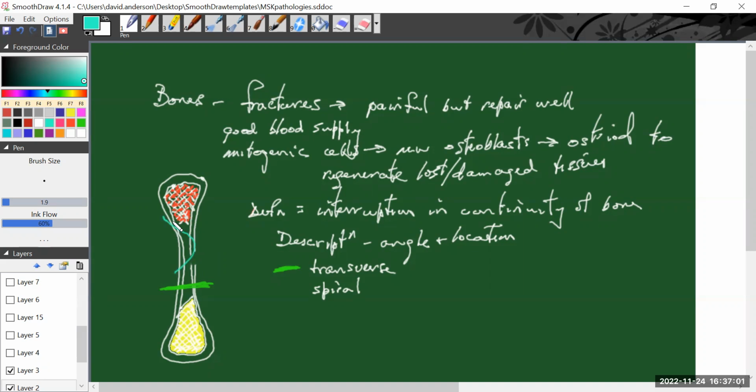So usually the fracture occurred because one end of the bone was caught and the other end was twisted or torqued, and it creates a spiral type fracture. We can have longitudinal fractures, and we can have oblique fractures. So an oblique fracture will go on an angle.